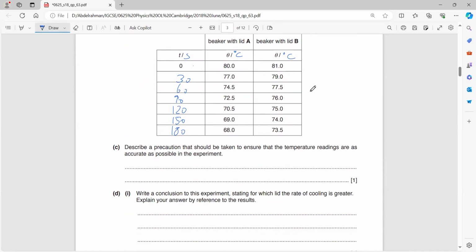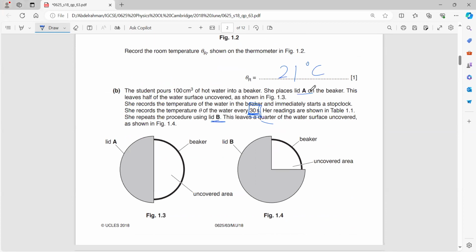Describe a precaution that should be taken to ensure that the temperature readings are as accurate as possible. What are the precautions taken in this question? Here the question is about the thermometers and so on. What are the precautions we use for the thermometers?